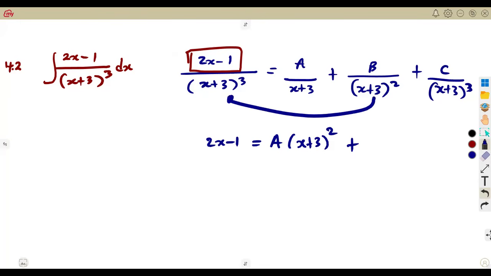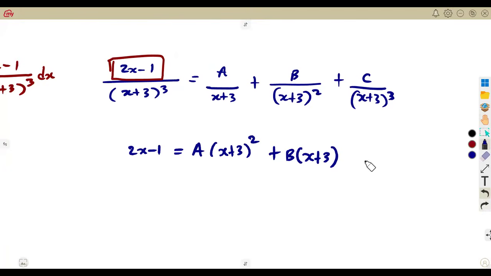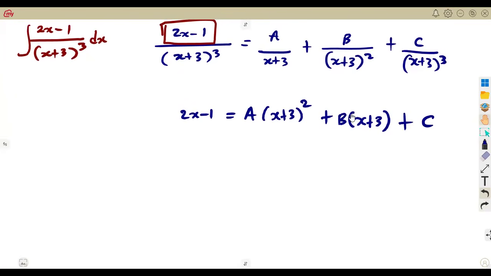If you divide here, how many will remain? Only 1, so it's x plus 3. These ones, they are 3, and you divide to these ones, which are 3. How many will remain? Nothing, they will just cancel. So this one, it will be plus C. This is where you are. Letting x be equal to minus 3 is going to allow us to eliminate one of the brackets there. I mean, these two brackets.